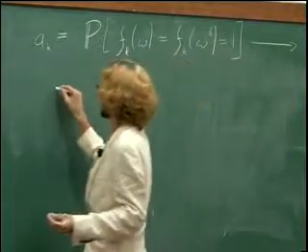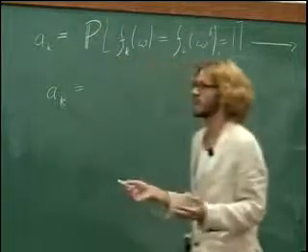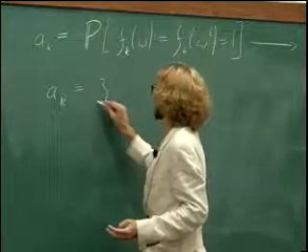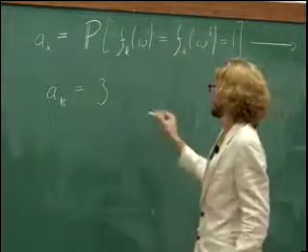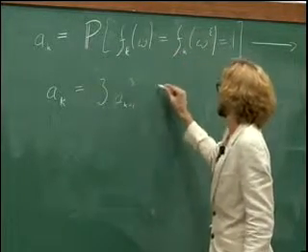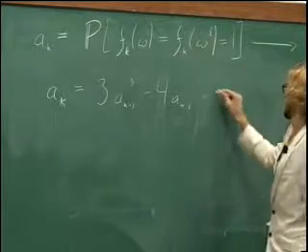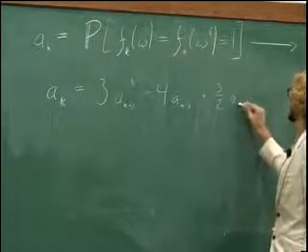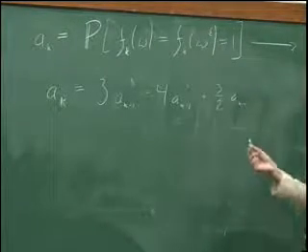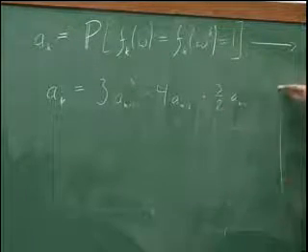And what we did then was to show that AK satisfied a certain recurrence relation. If I remember correctly, it was something like 3 times AK minus 1 cubed minus 4 AK minus 1 squared plus 3/2 times AK minus 1. This may very well be wrong up to signs and constants, but it's something like this. I believe it's right.